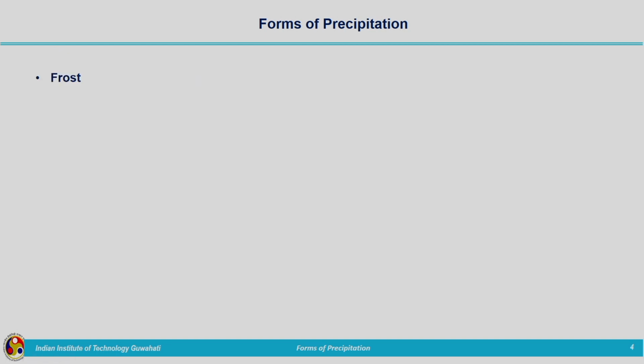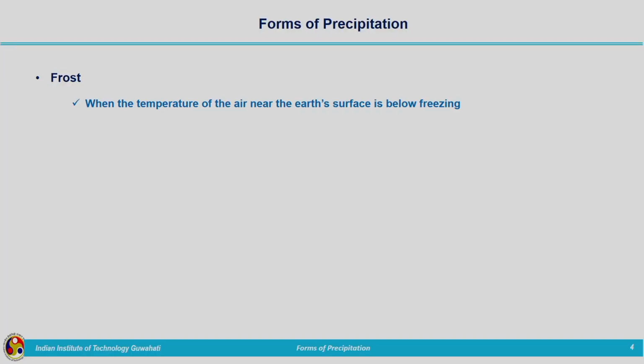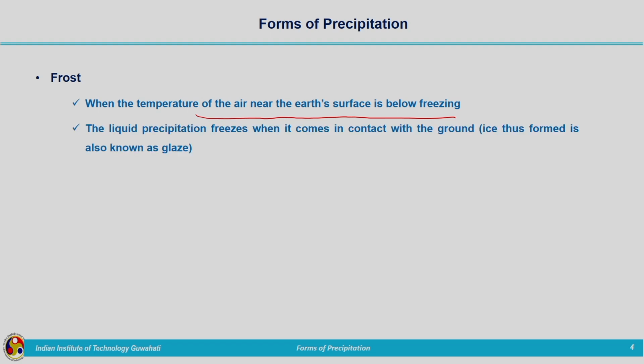Now the next one is frost. From the name itself we get some idea of what is meant by frost. Frost occurs when the temperature of the air near the earth's surface is below freezing. Sometimes near the ground surface the temperature will be very low. At that time the precipitation falling on the ground will freeze because of the low temperature, close to the freezing temperature.